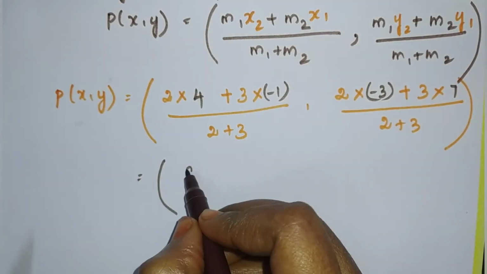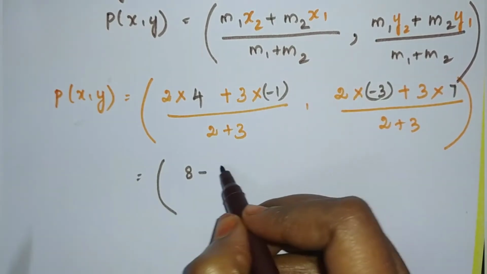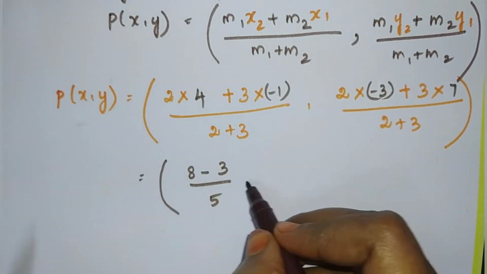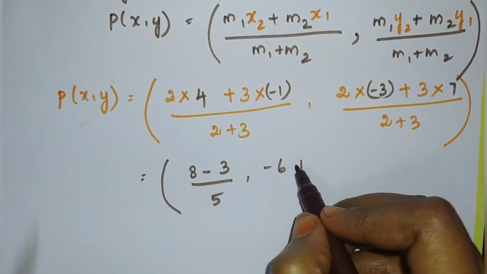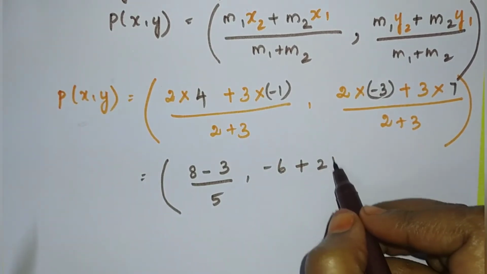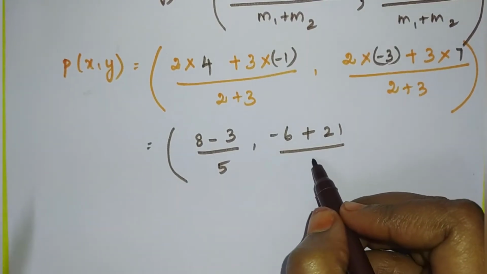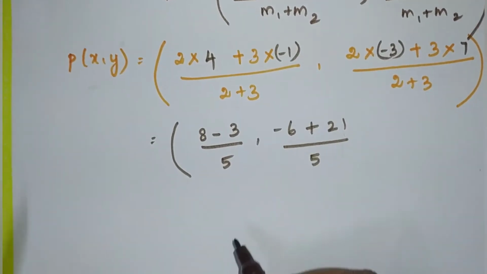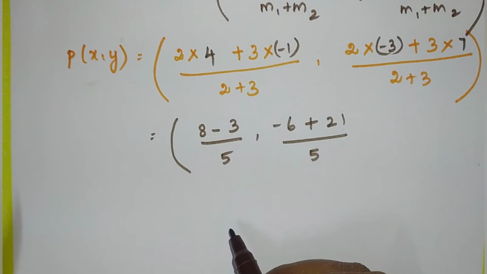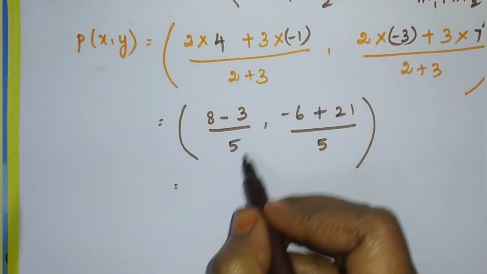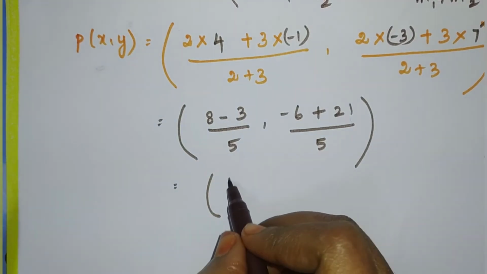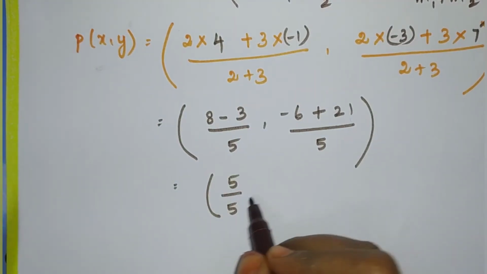Now multiply it first. 2 4s are 8, plus into minus, -3, divided by 5; -6 plus 7 3s are 21, divided by 5. Clear? And then 8 minus 3 is 5 by 5.